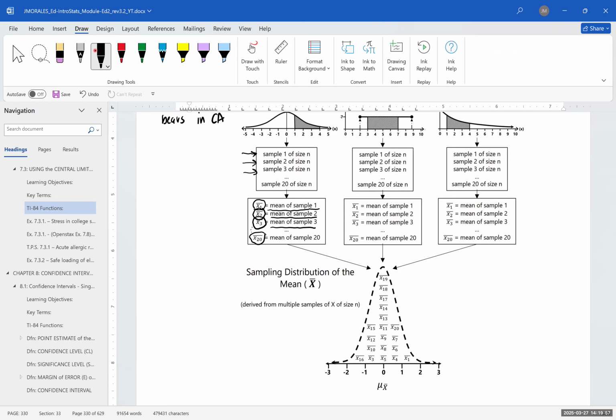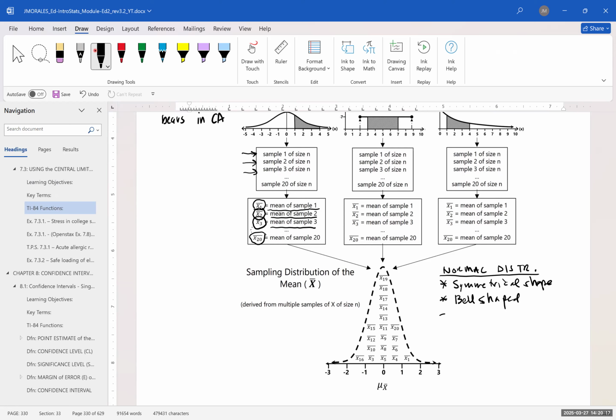So this will be a normal distribution. And what do we mean by normal? We mean that it is a symmetrical shape. The data takes a symmetrical shape, and it's also bell-shaped.